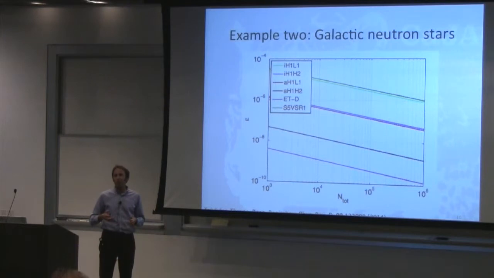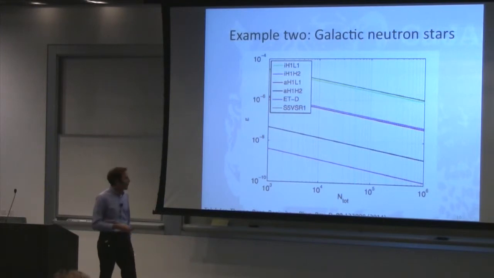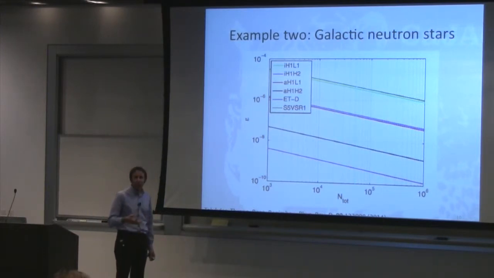And it's thought that there are something like 50,000 neutron stars in the Milky Way that emit gravitational waves in LIGO's band. And if you assume that all of those neutron stars have some average ellipticity associated with them and calculate the stochastic background, it turns out that looking for the stochastic sum of that signal is actually a pretty interesting exercise. And that's demonstrated on this plot.